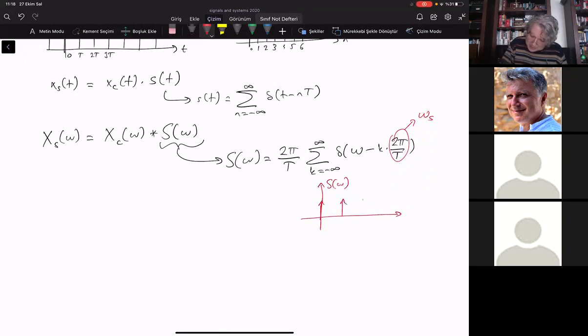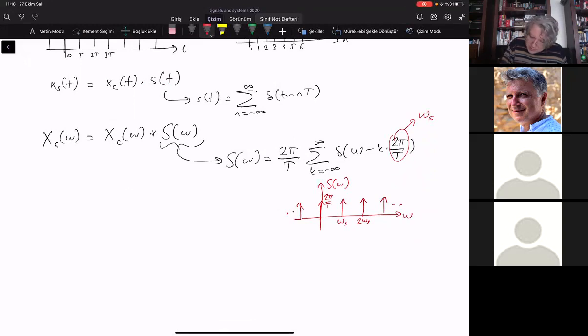It is an impulse train, just like S of t, but its magnitude is 2 pi over capital T, and here we have omega s to omega s, where omega s is equal to 2 pi over capital T.